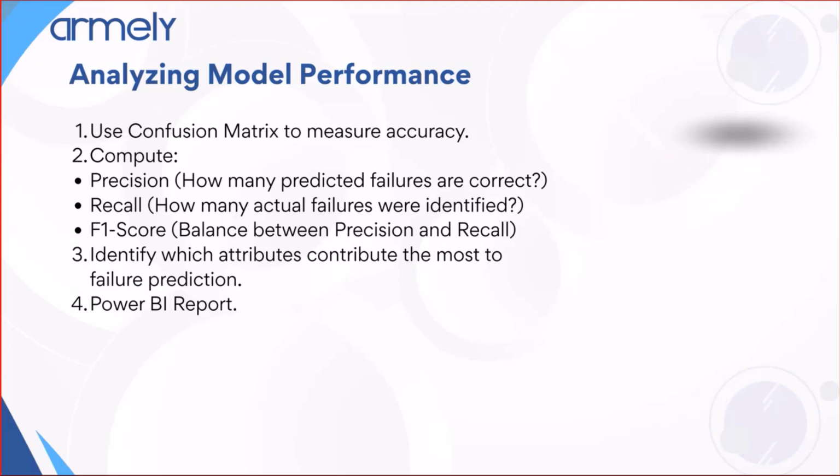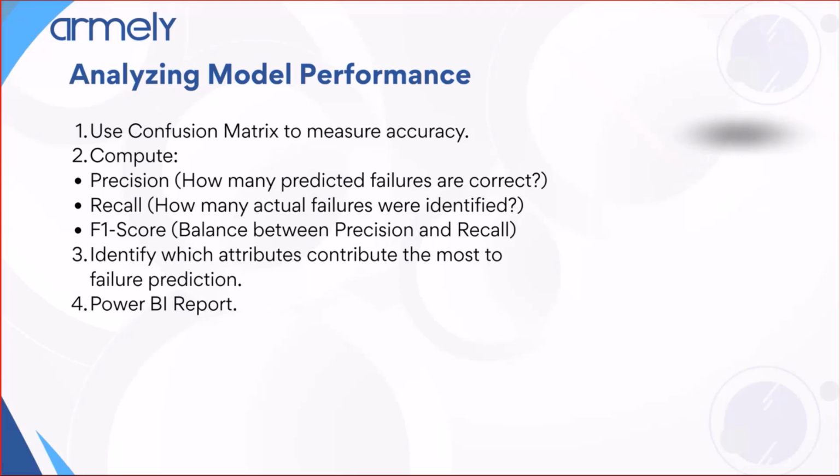And then we have the F1 score, which is basically a balance between precision and recall. It's useful when we need both accuracy and completeness. For that, we have a formula we'll show you, which is 2 times precision times recall divided by precision plus recall. So in our setting, we did this with equipment failures prediction.